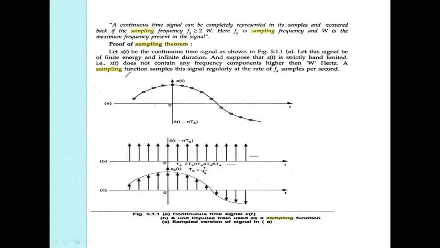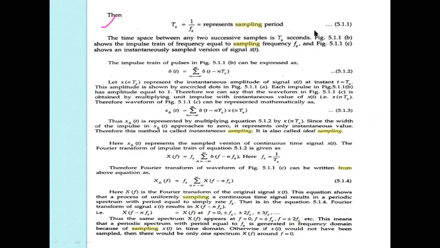Following is a very important definition, the statement of how we are combining the samples: the sum over n equal to minus infinity to infinity of delta of t minus n Ts. Then the sampling frequency and Ts are inversely proportional, the relation between time and frequency.